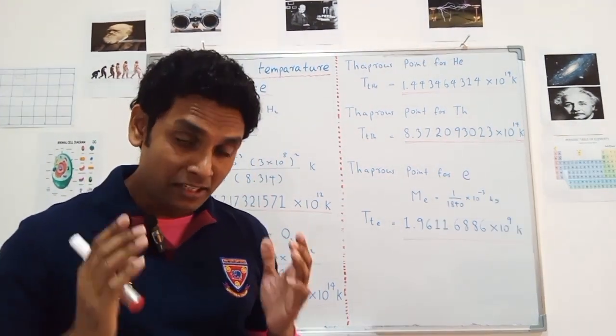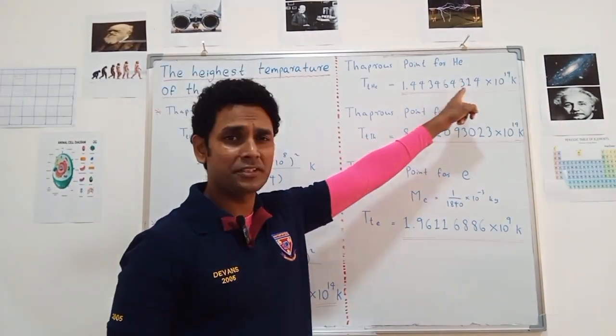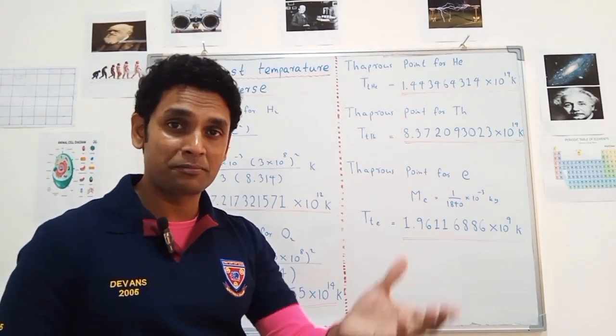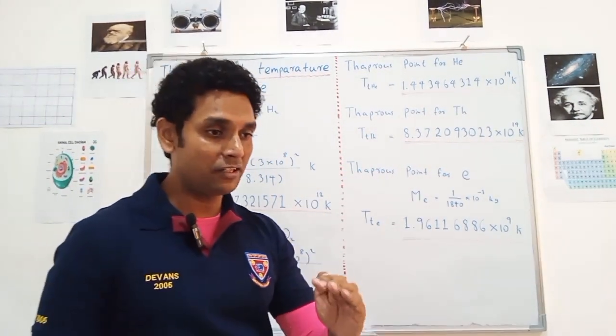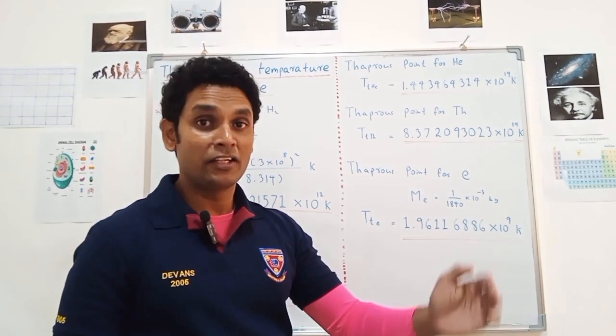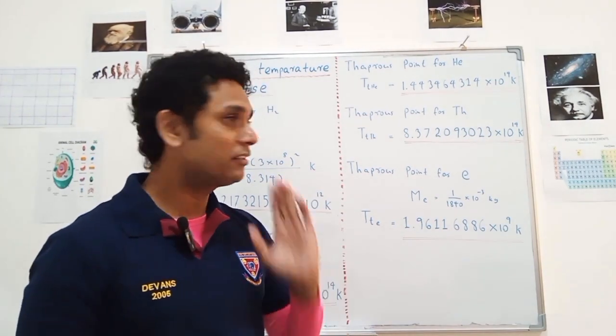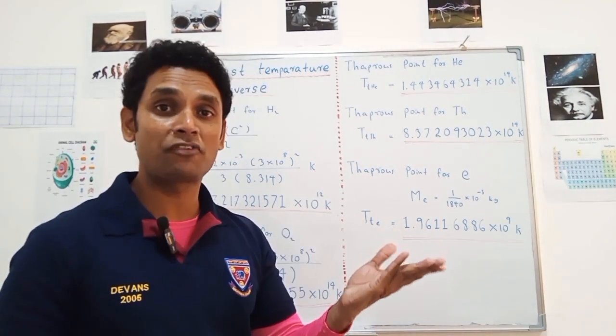These are all very high temperatures. At these temperatures, even heavy metals like thorium can behave as a gas. First it will become liquid, then it will become gas. If thorium is behaving as a gas, then we can calculate the temperature point for thorium as well.